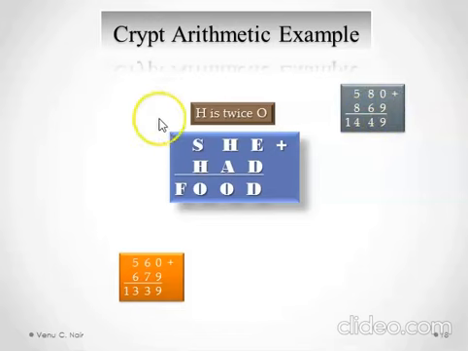So the total number of solutions has been reduced to 2. It's our example. It can happen to be having more solutions, but with what we have done so far, we are left with 2 solutions.